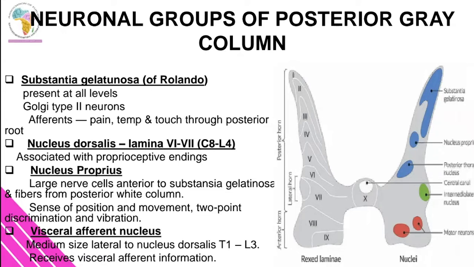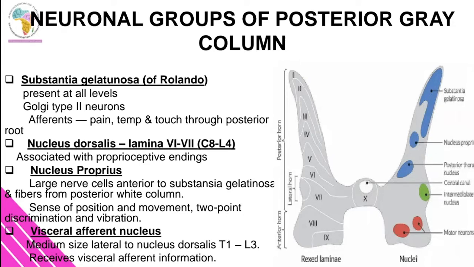Yeah, and this is the area of the gray matter affected in vitamin B12 deficiency, where 2-point discrimination abilities are lost. These patients tend to suffer from subacute combined degeneration of the cord. Yeah.